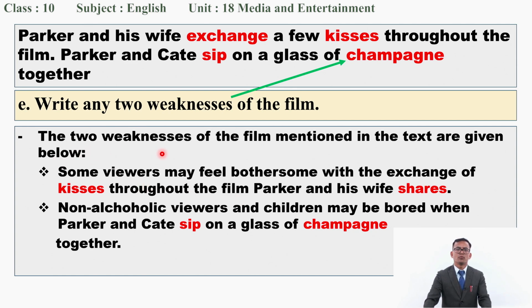The two weaknesses of the film mentioned in the text are below. Some viewers may feel bothered with the exchange of kisses throughout the film, Parker and his wife says. And what may be the other reason? Like non-alcoholic viewers and children especially may be bothered when Parker and Kate sip on a glass of champagne together, right?